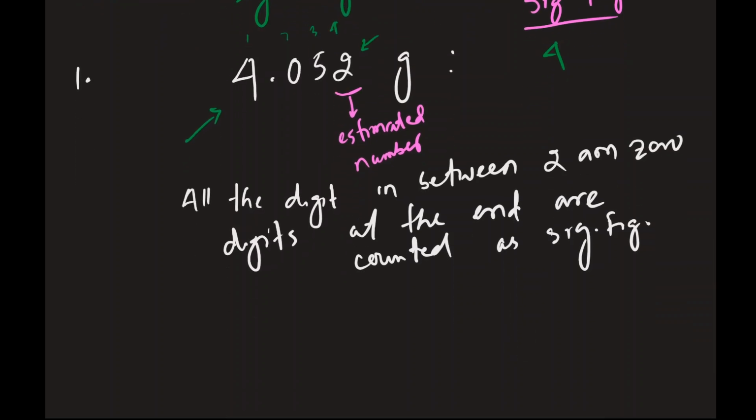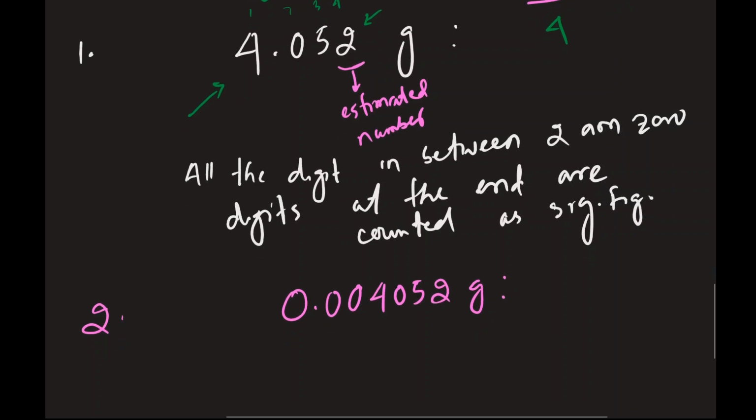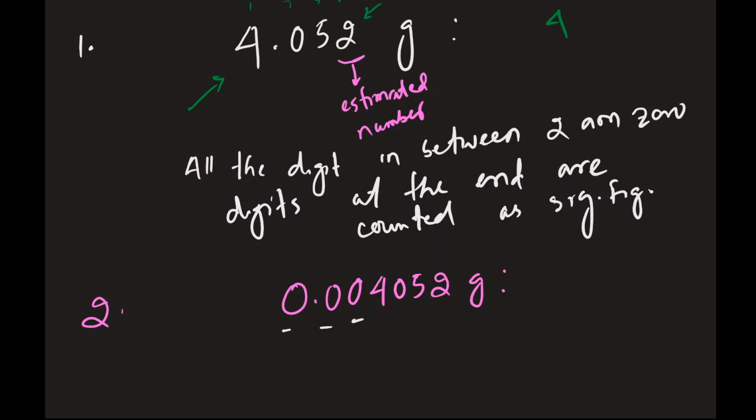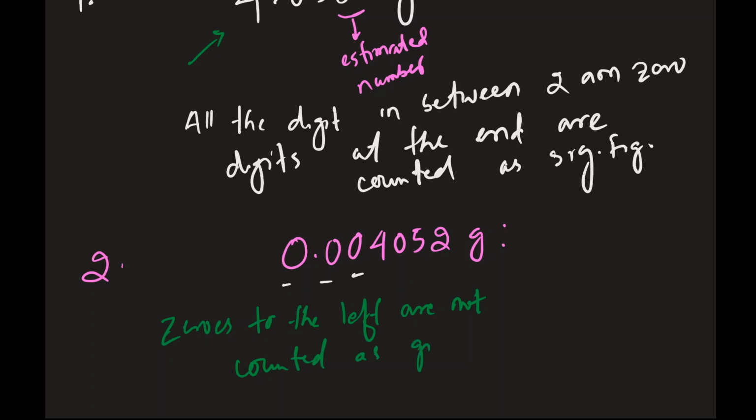Let's do another example. In this case, I'm going to do something like this: 004052. I'm using the same four digits so that it's easier to understand. In this example, the zeros to the left are not counted as sig figs.